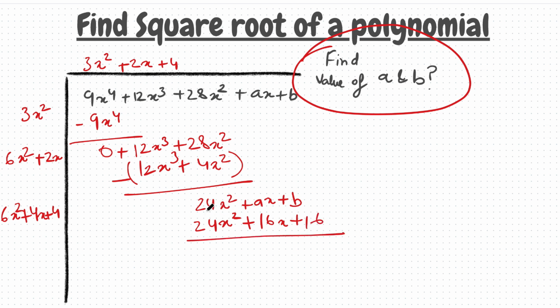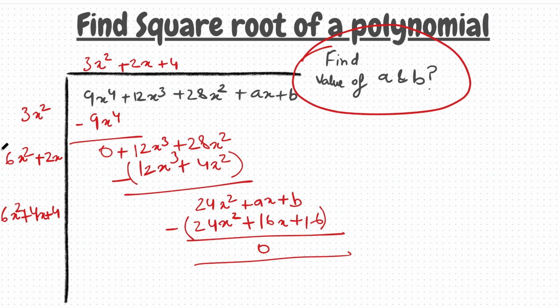Now for this polynomial to be a perfect square, we should obtain 0 in the end after subtracting the lower expression from the above expression.